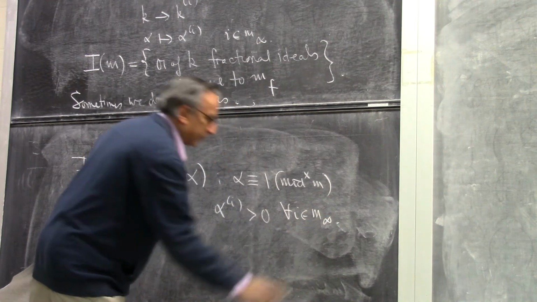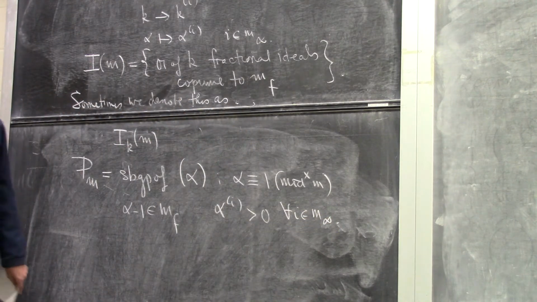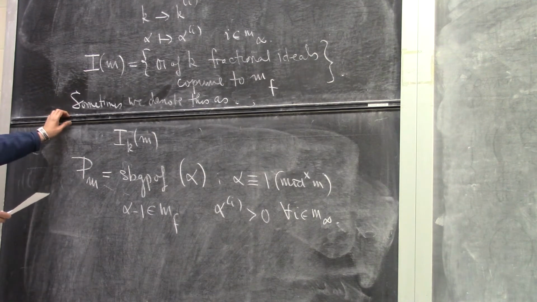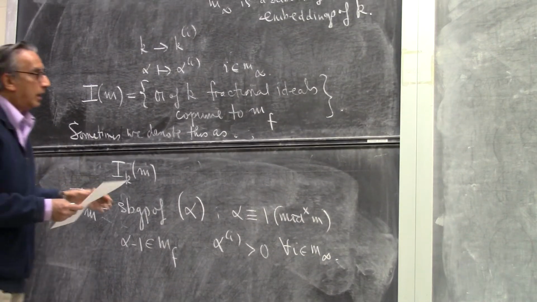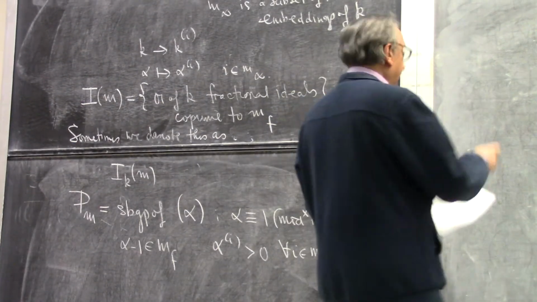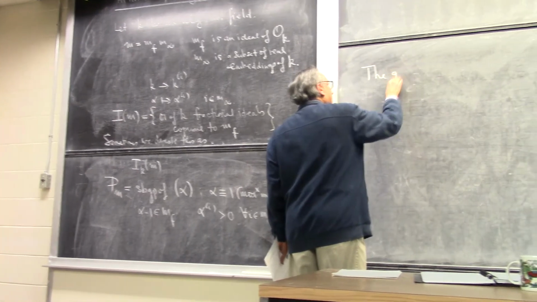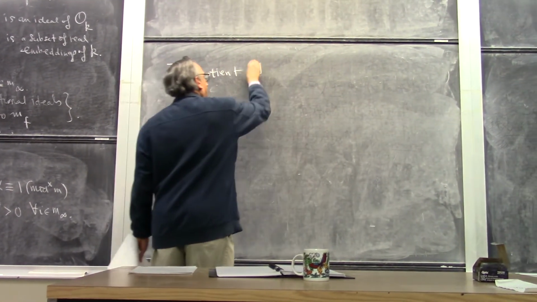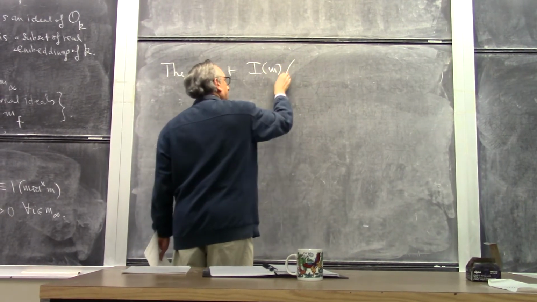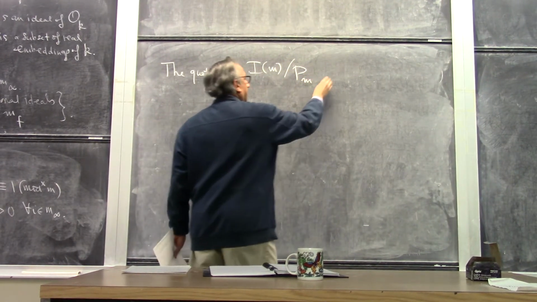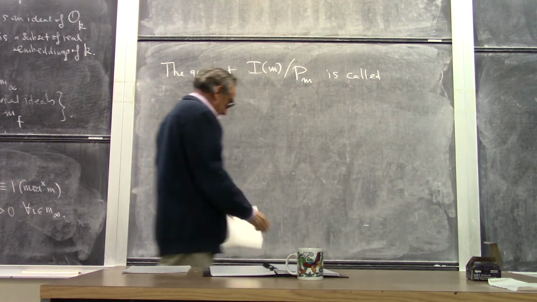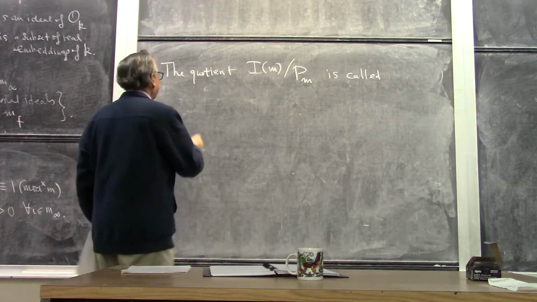So this is the notation we have. This is the subgroup, and the quotient group I(m) modulo P_m is called the ray class group mod m.